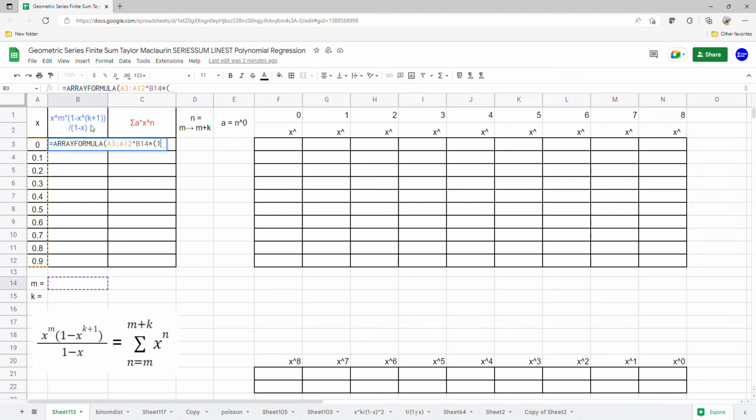So 1 minus x raised to the power k plus 1, the quantity k plus 1, and close parenthesis, divided by 1 over 1 minus x. So 1 minus x, that's the denominator, and enter.